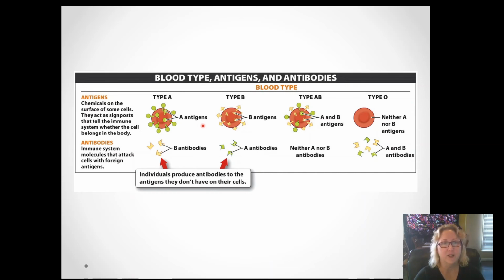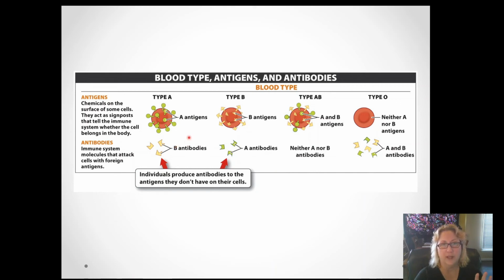Things on the surface of a pollen granule are antigens. Proteins on the surface of bacteria or viruses are antigens. They're things that your body's immune system might react to. Now, these carbohydrates on the surface of our red blood cells that the A and the B enzyme are making are also antigens, but you don't react to your own.